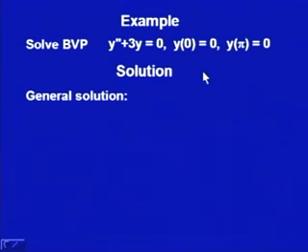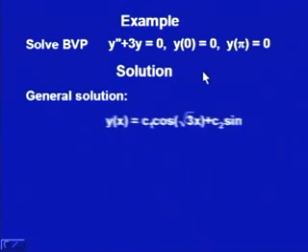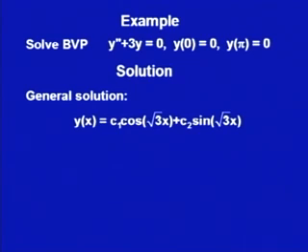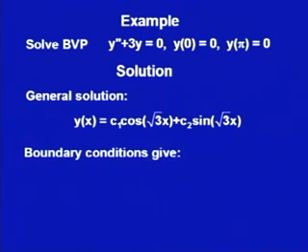We had seen the general solution of this differential equation was C1 cos square root 3x plus C2 sin square root 3x. Now, try to satisfy these boundary values. If I put x is equal to 0, I would get C1 as 0.